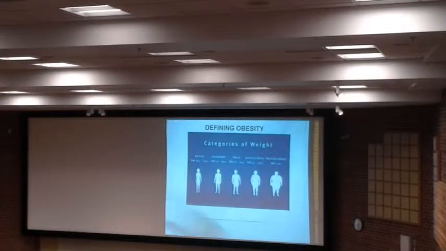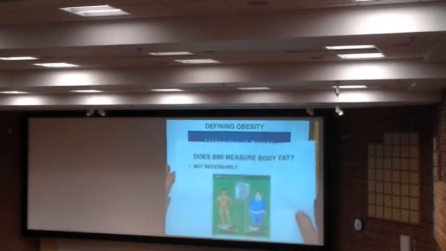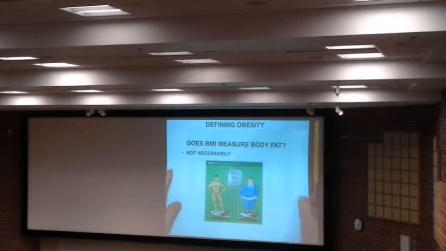One of the problems with BMI is that body fat never enters into the equation. It's just height and weight. And it is possible for two people, as shown in this figure here, to have the exact same BMI, the exact same height and weight, but very different amounts of body fat.